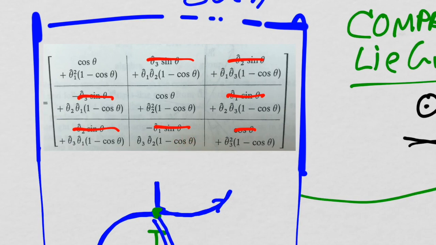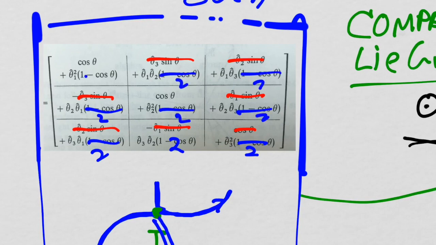The cosine terms take a value of -1, right? So these guys here all become, let's see, they become 2. That becomes a 2. This becomes a 2. All these guys become 2, 2, 2, 2, 2.